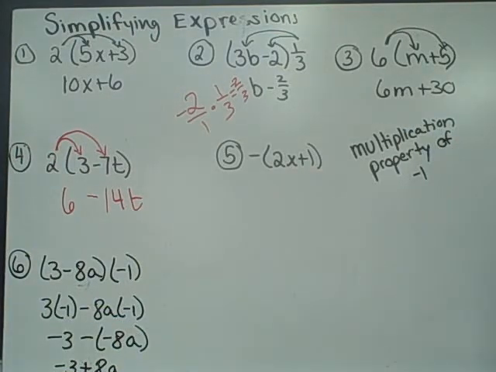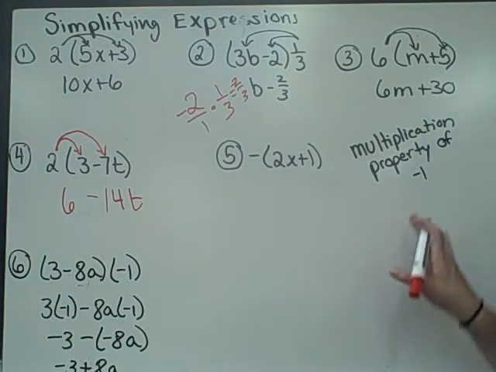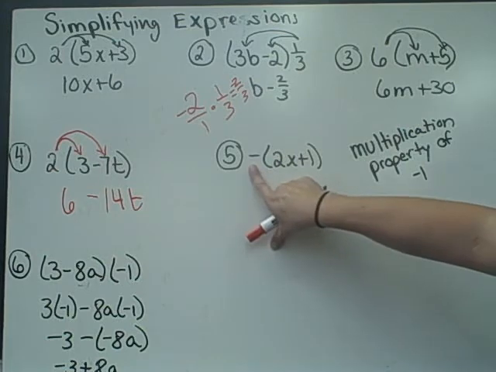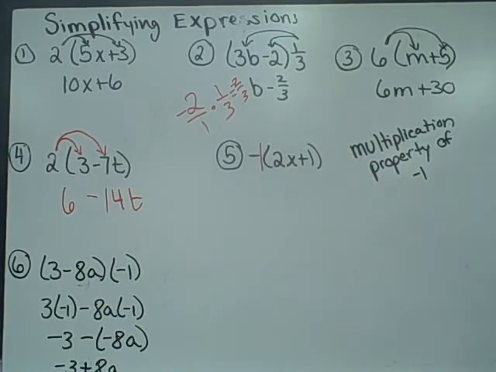Okay, look at number 5. Number 5 is a little bit different. It just has a minus sign in front of it. This is called the multiplication property of -1. Basically, if I have a negative sign in front of my parentheses, this is the same thing as a -1, okay? They're not going to write the 1, but we need to know that the factor there is 1, okay?